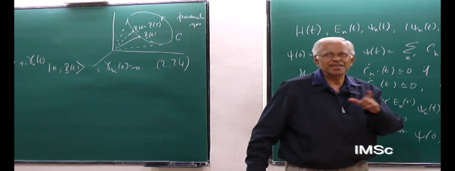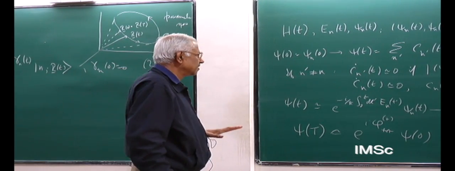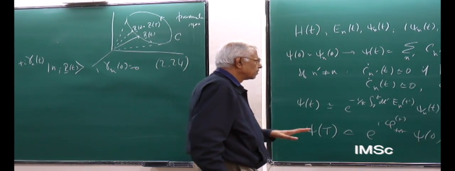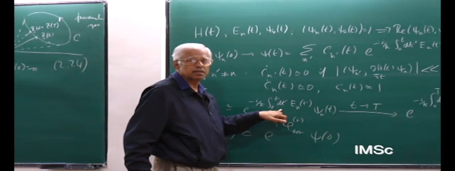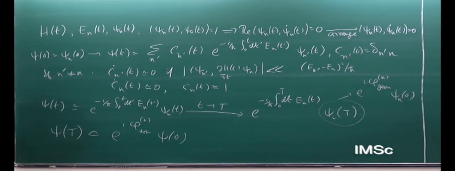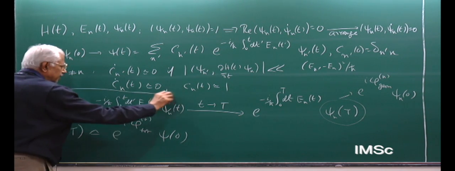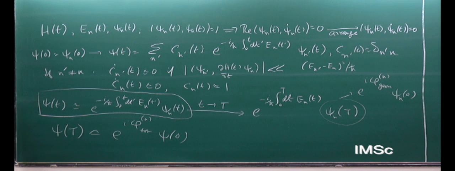Didn't show what? I'm sorry, it's some misunderstanding. See, here, after you remove this phase, this one? Yes. All that your derivation showed is that the wave function at capital T is a phase times the wave function. No, I'd like to clarify. What we have shown is that this is the solution of the Schrodinger equation within the approximations.